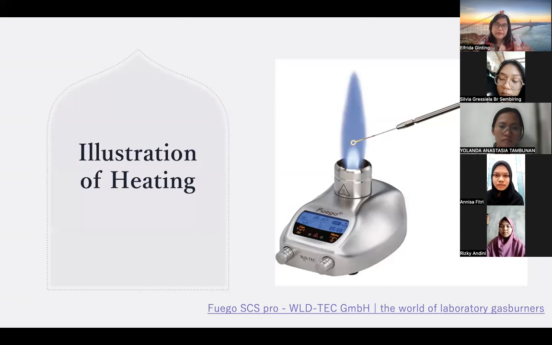Because maybe before you heat it, there is no odor in the sample, right? But when you approach the sample into the Bunsen flame, you start smelling a different odor, and then you know that there is a reaction happening, right? So color and odor will be observed when you do dry reaction.